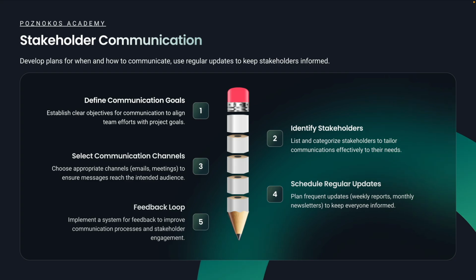Next one, identify stakeholders. Who are the recipients of your information, or who are the holders of information that you need? To communicate effectively, you need to identify the proper stakeholders. Then select communication channel: email, meetings, or any other kind of communication.